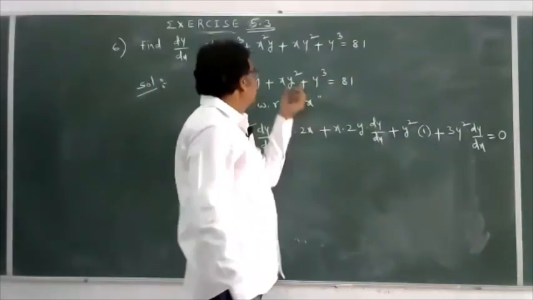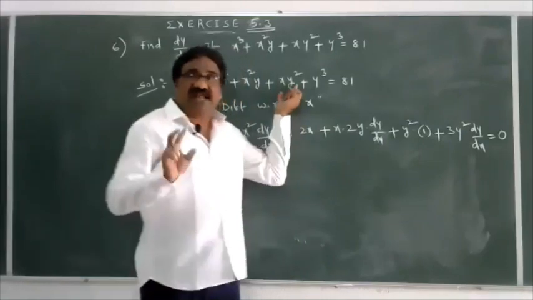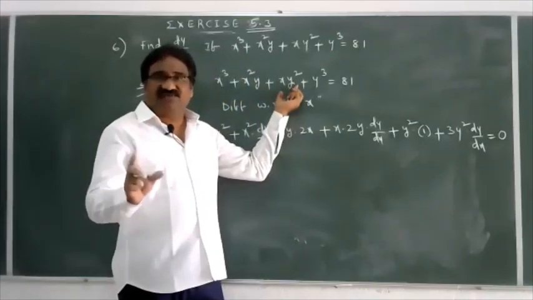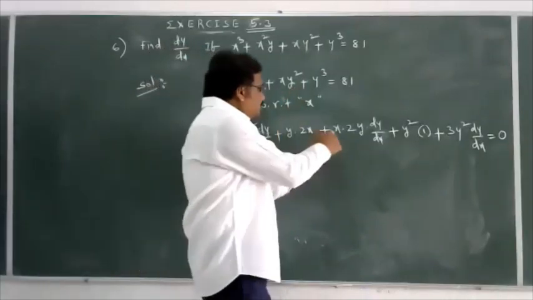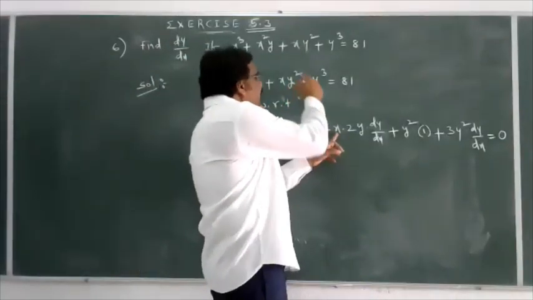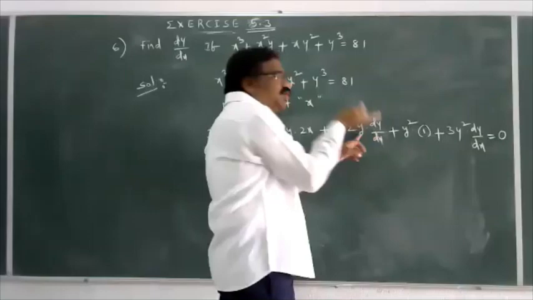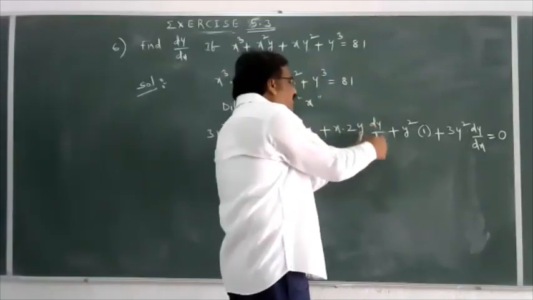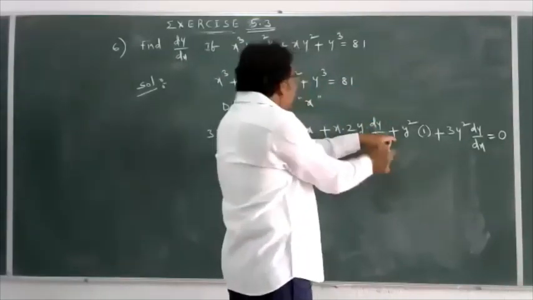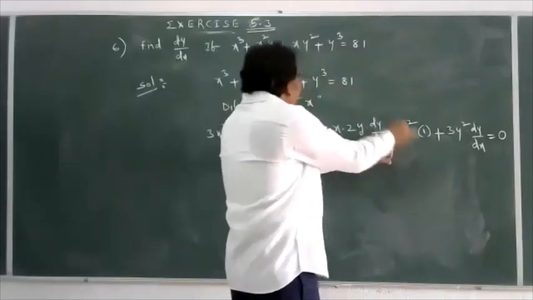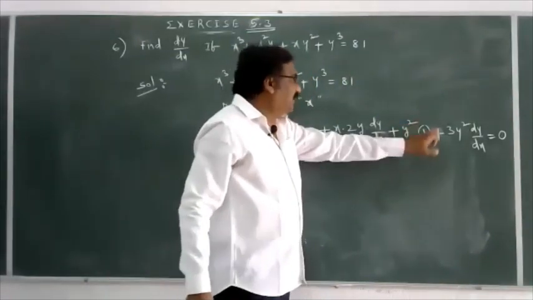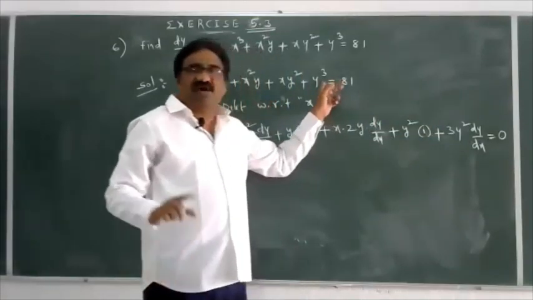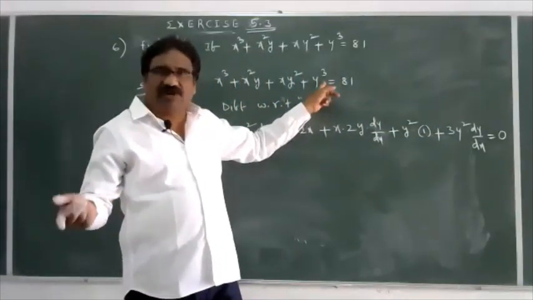Then plus x into y square, here also using the product rule, x is the first function and y square is the second function. That's why x into y square derivative is 2y into, by using chain rule, y derivative dy by dx plus second function y square into first function derivative 1, plus y cube, it is in the formula of x power n, n into x power n minus 1.